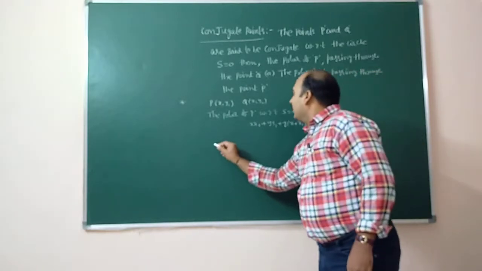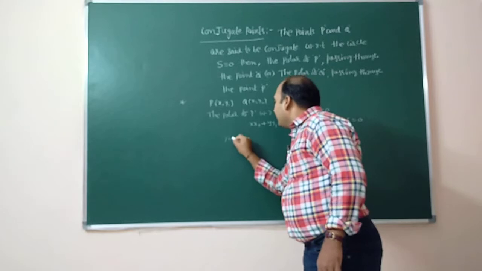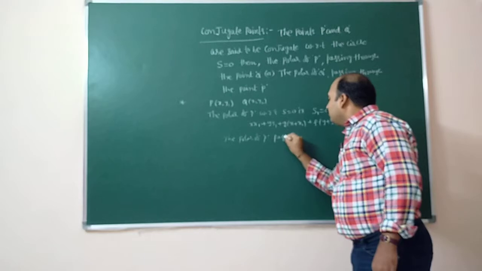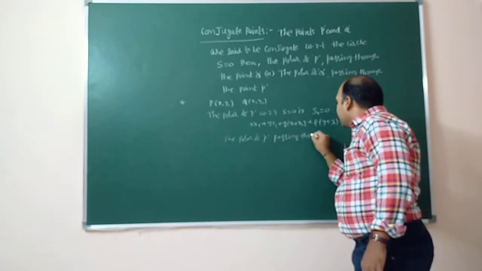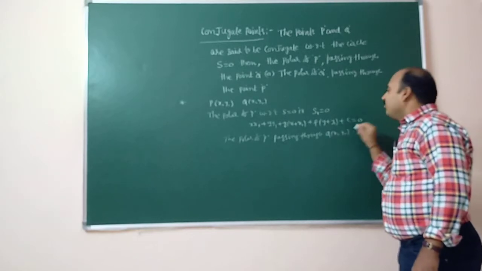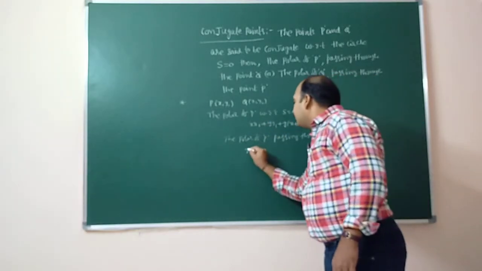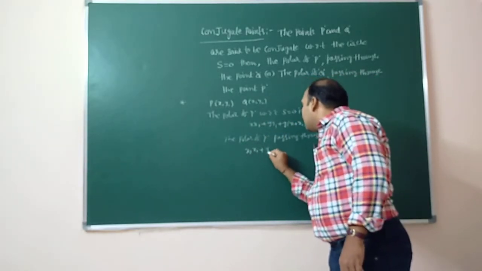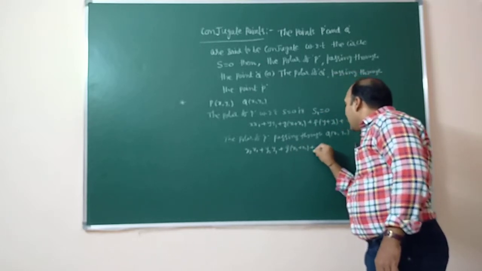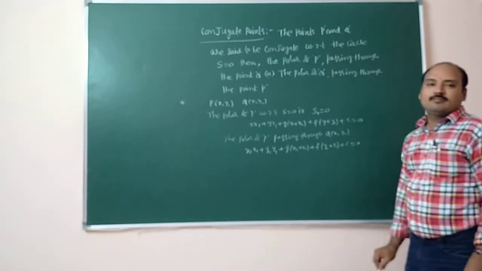That means the polar of P passes through Q (x2, y2). Wherever x, y is there, you have to replace it with x2, y2. Therefore, it becomes x2 x1 plus y2 y1 plus g into (x2 plus x1) plus f into (y2 plus y1) plus c equal to 0.